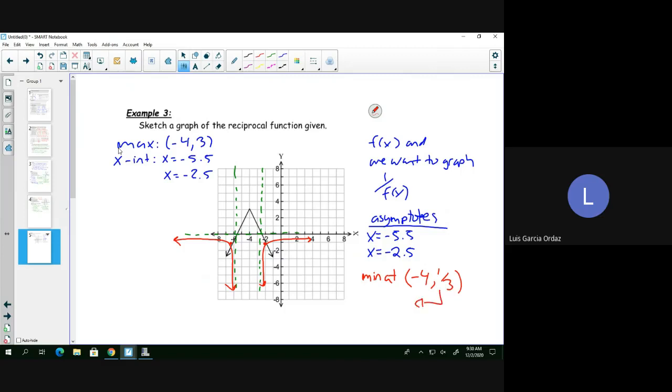So remember, this is just the reciprocal of 3. And as you can see, it already has positive 1 given to us. So that happens at negative 3 and 1, and at negative 5 and 1.